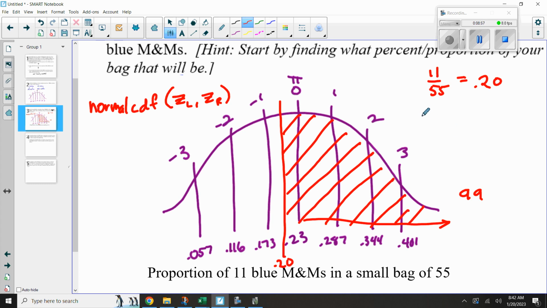So I'm going to use my z-score formula. Let's use a different color. Z equals x minus x bar over s. Well, I'm looking to find my z. The x that I have, my actual data item, is 0.20, my 11 M&Ms, minus the average of blue ones in a bag, the mean, which is 0.23.